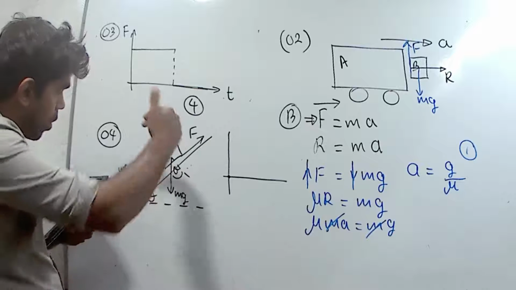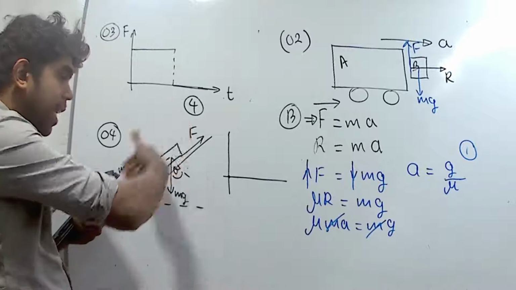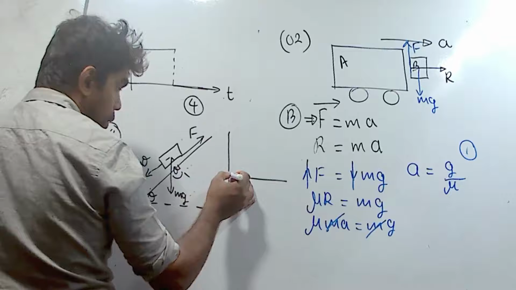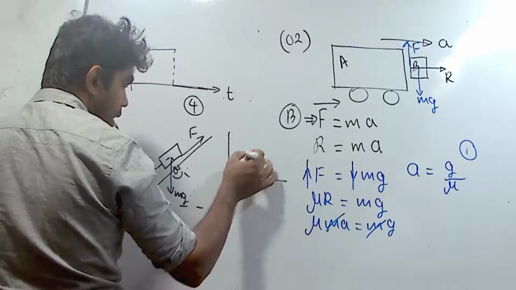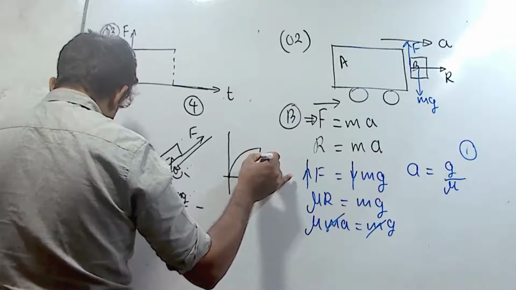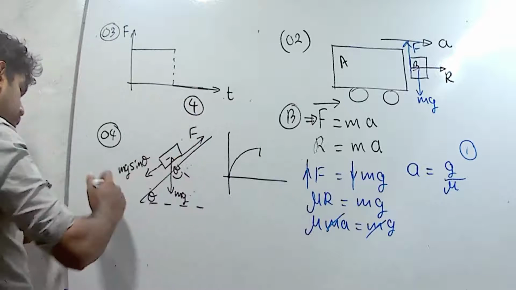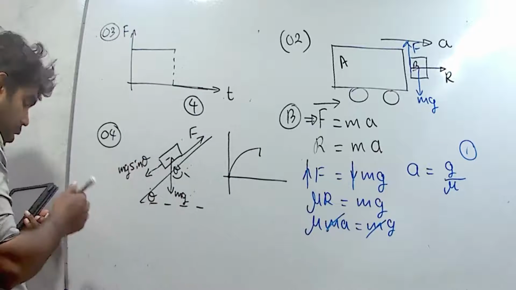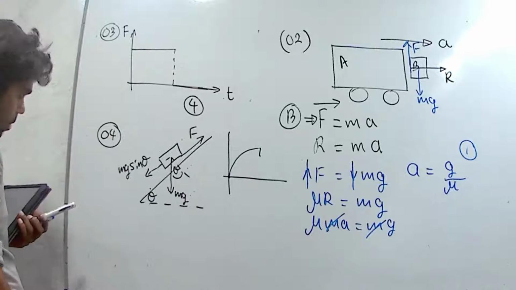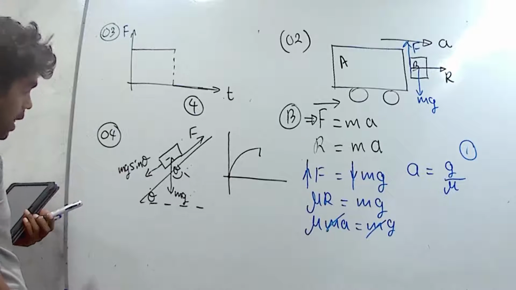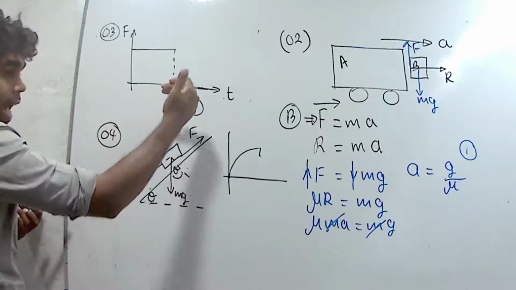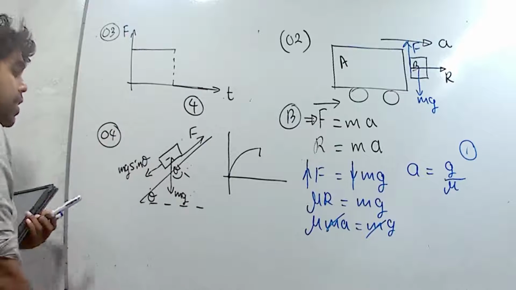When moving this object, its acceleration is increasing. Therefore, we can consider that frictional force increases like this, and after starting to move, the acceleration increases with angle. When angle is increasing, acceleration of the object is increasing.